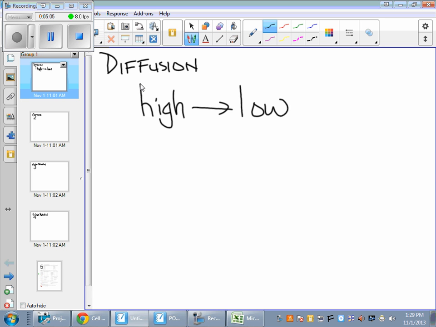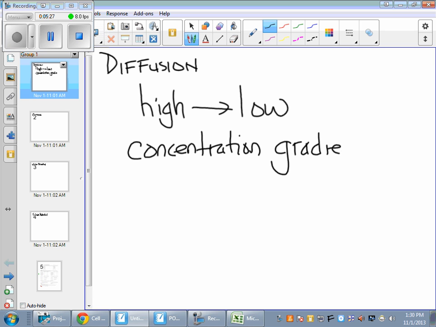But in order for there to be a net movement of particles in one direction or another, you have to have unequal, something called a gradient. You have to have a concentration gradient. A concentration gradient is the difference in the concentrations between the internal and the external environment.